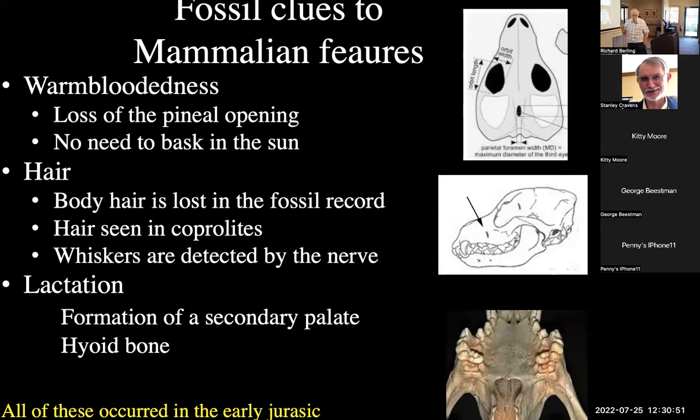So these are some paleontologic features that make people think that the early mammalians were warm-blooded, and they're kind of subtle. The pineal gland is, some people call it the third eye. It's used in animals in order to induce basking in the sunlight. So when that disappears, they think maybe animals don't have to bask.